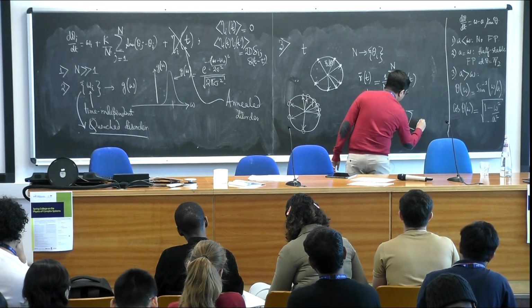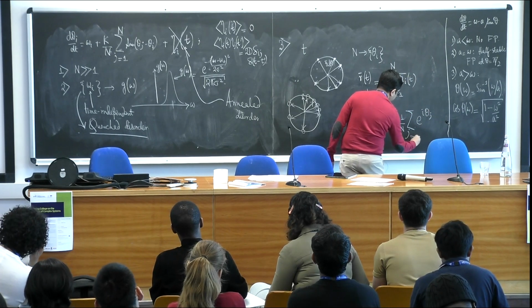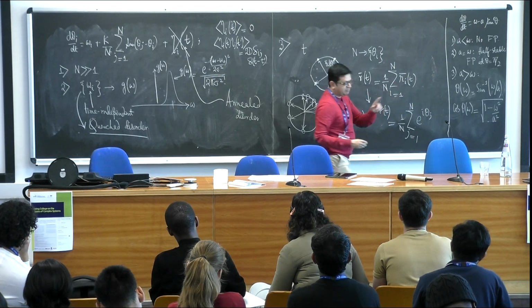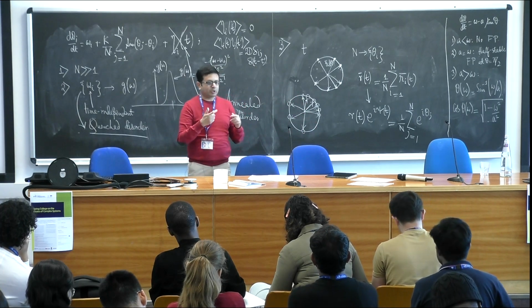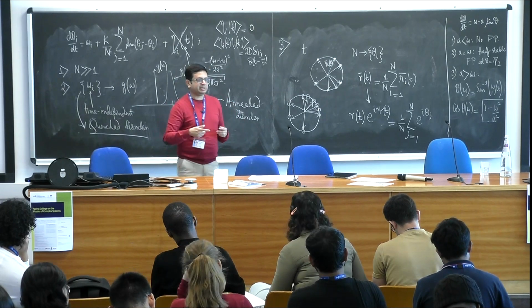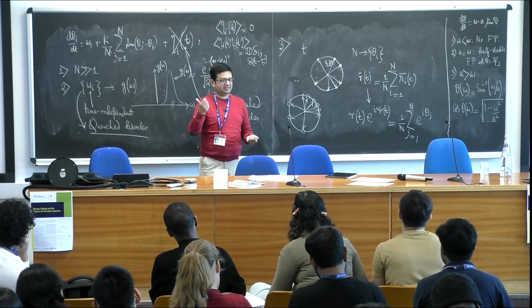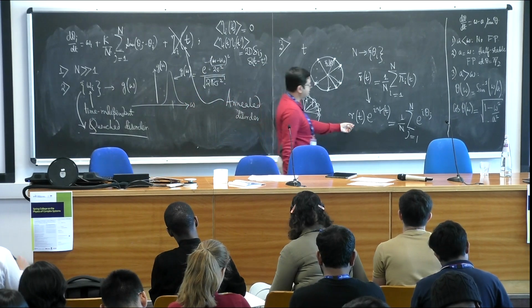So I can write this as e to the power i theta j. In 2 dimensions you can define a vector in terms of 2 components, cosine theta and sine theta, and then you can combine the 2 as cosine theta plus i sine theta, which is e to the i theta. This is just pure complex analysis.